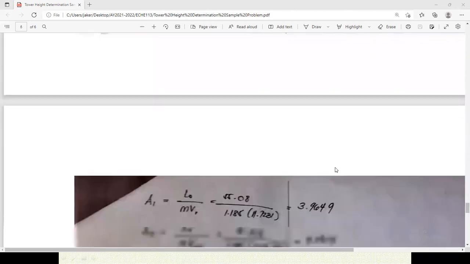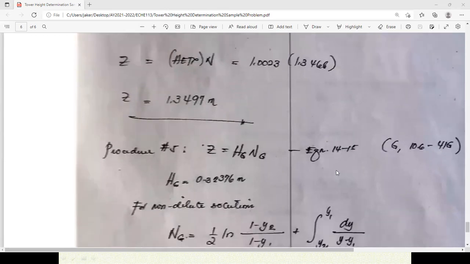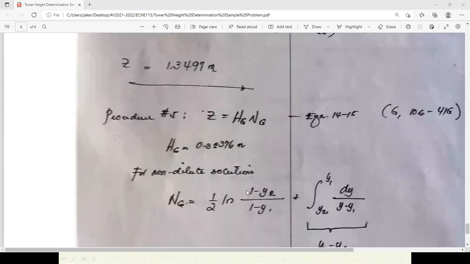If you don't have the HG, then you have to do the previous procedure so that we can have the value of the K sub G here. Now this procedure 5 I've used just for illustration purposes again. What if the formula that we use for NG is for non-dilute solutions? Remember, this problem of ours is dilute. The feed gas is dilute. So this is already your HG.